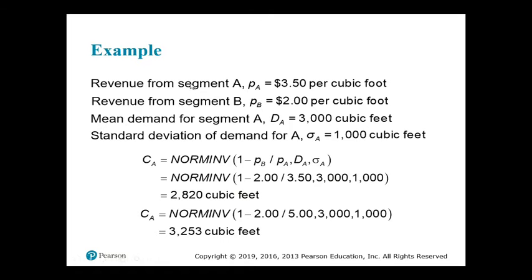So now segment A is our higher value customers, and we're unsure about their demand. So we only know the demand average is 3,000, and the standard deviation is 1,000.